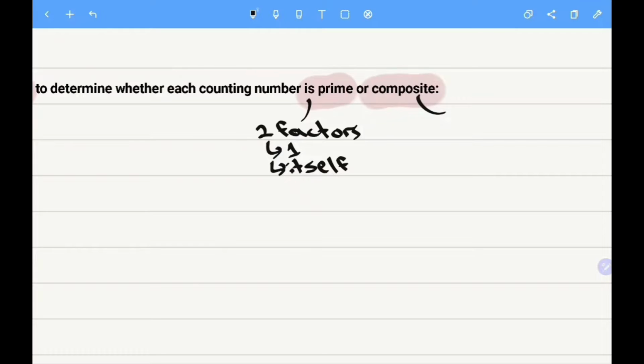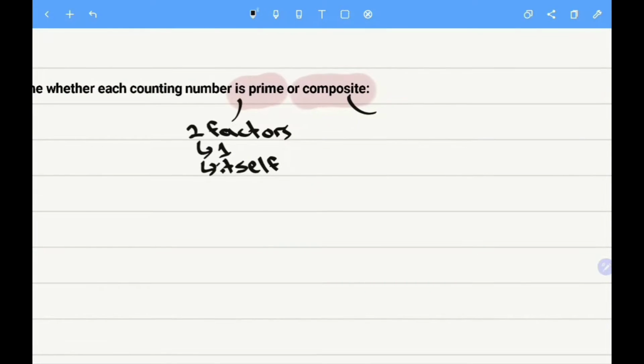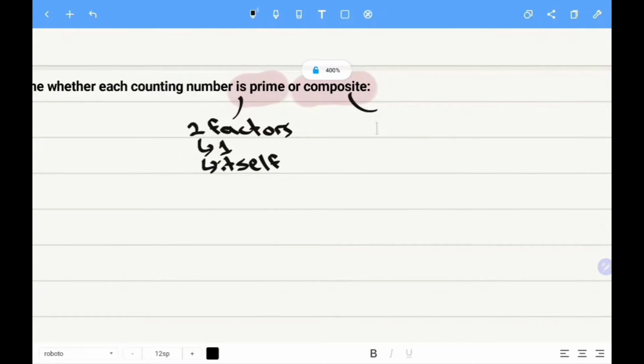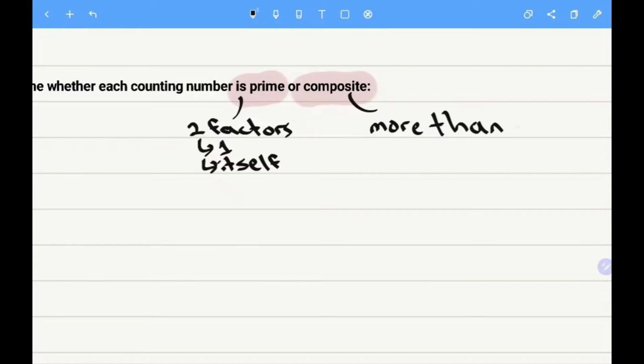And a composite number is a number that has multiple factors. So it has more than 2 factors. Okay? So its only factors are not 1 and itself.